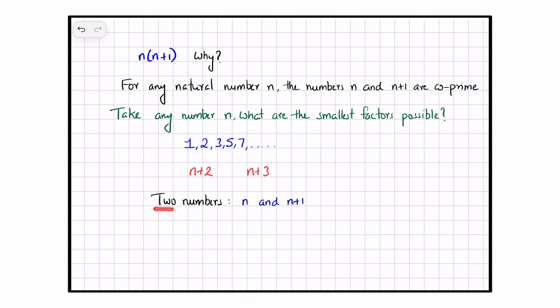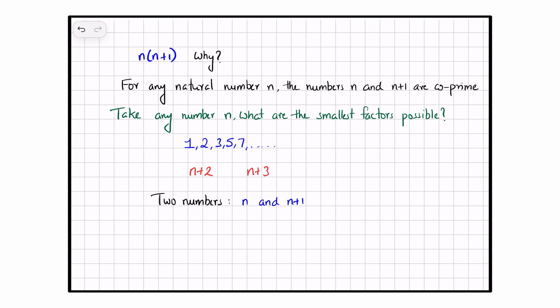In the given problem, we have two numbers n and n plus 1, and we just saw that if 2 is the smallest factor, then after n it has to be n plus 2, which is not the case here. Similarly, for the given two numbers, let us assume 3 is the smallest factor, then after n the next value has to be n plus 3, but we have n plus 1.